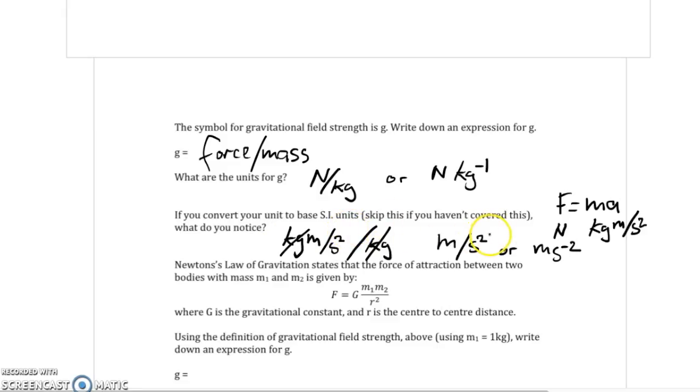You recognise this unit as the unit for acceleration. So in fact, the gravitational field strength in newtons per kilogram is equivalent to g, the acceleration due to gravity, in meters per second squared.